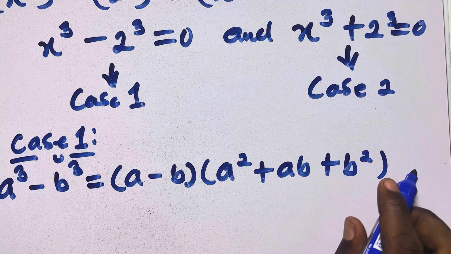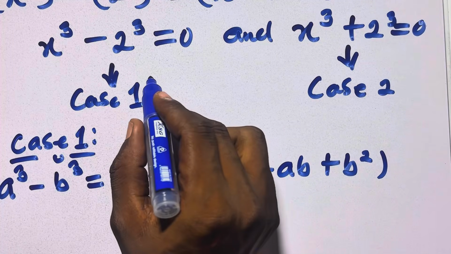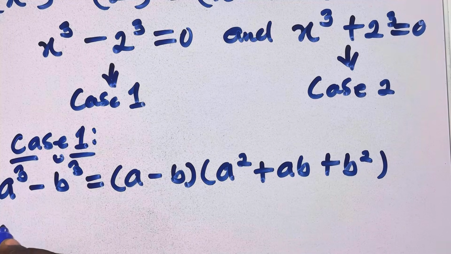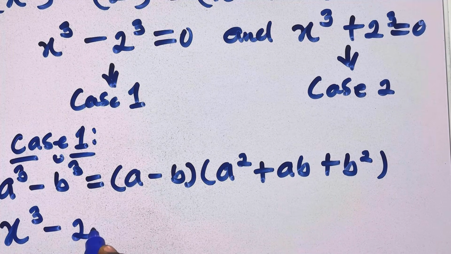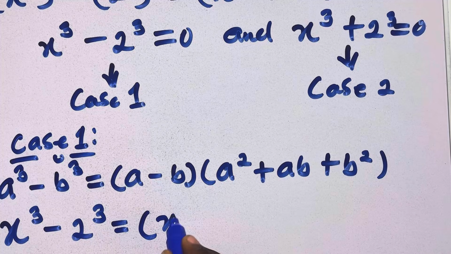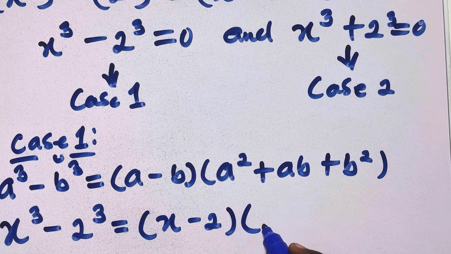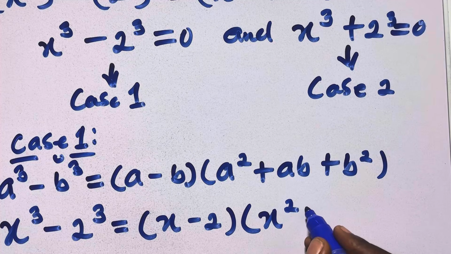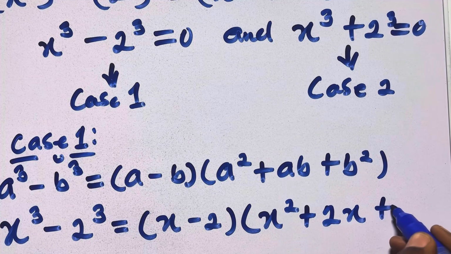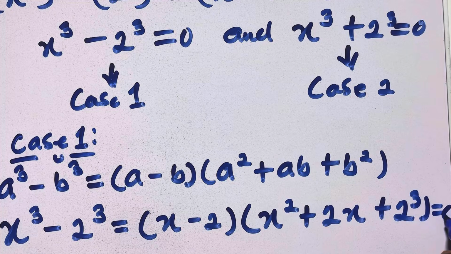Applying this to what we have here, x raised to the power 3 minus 2 raised to the power 3 equals x minus 2, multiplied by x squared plus 2x plus 2 squared, equals 0. So we have x minus 2 equals 0 and/or x squared plus 2x plus 2 squared equals 0.